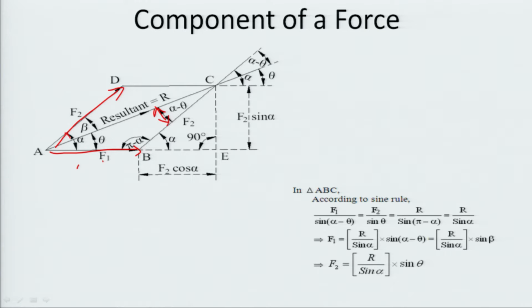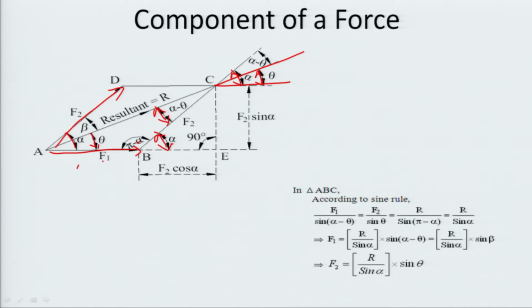This angle alpha will be the same as this alpha, and this angle theta will be this theta, therefore this angle will be alpha minus theta. This is alpha, so this is pi minus alpha.